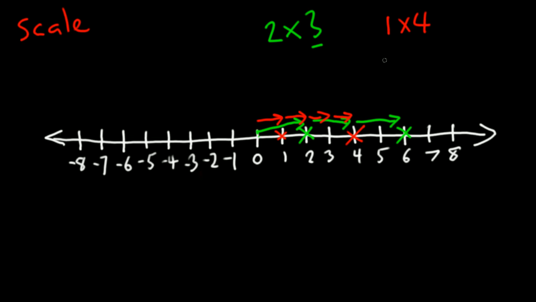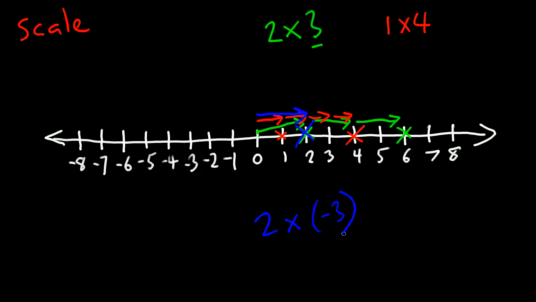And what about multiplying by a negative? If we were to, say for example, take 2 times negative 3. Well, we'd start at 2, and you probably know the answer already. It's negative 6, right? But how do we get there? The way I like to think of it is that we take this arrow, this vector that goes from 0 to 2, we triple its length, or scale it.